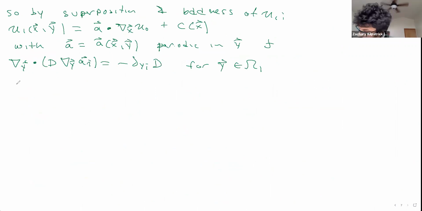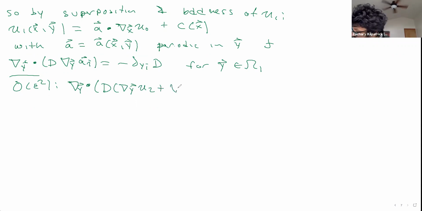And the order epsilon squared equation is going to be a bit more work. So at order epsilon squared, we're now going to bring in the u2 terms. So we have the divergence with respect to y of d times the gradient with respect to y of u2 plus the gradient with respect to x of u1.